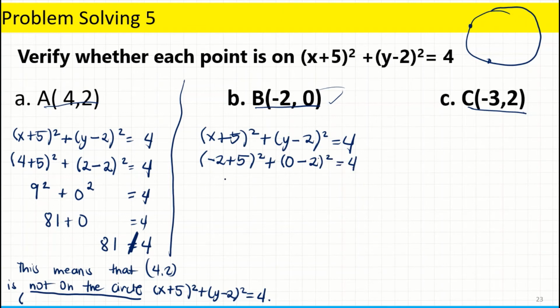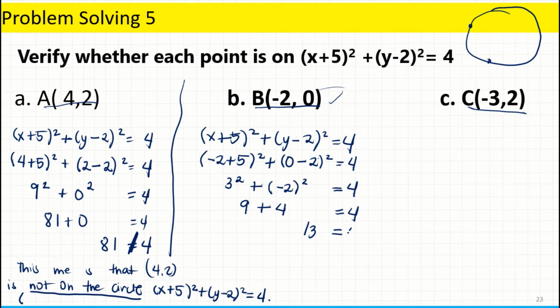Negative 2 plus 5 equals 3, then squared, plus 0 minus 2, that is negative 2 squared, is equal to 4. 3 squared equals 9 plus negative 2 times negative 2 equals 4. 9 plus 4 equals 13.